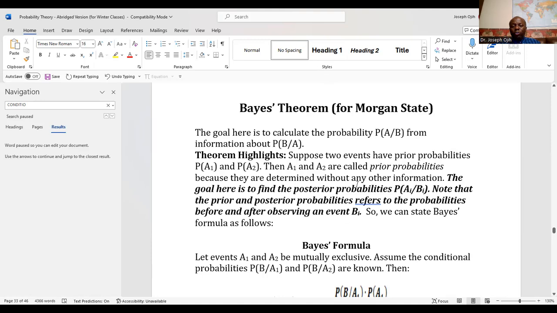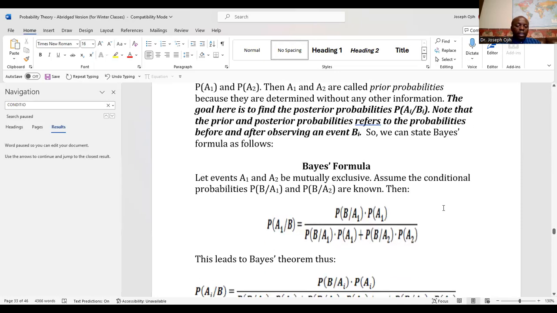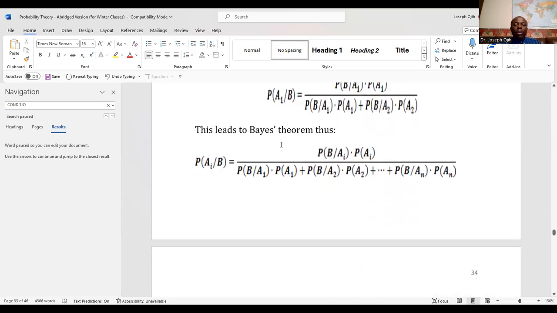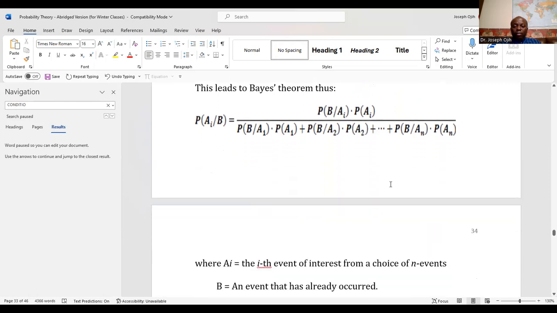Our goal here is to find the posterior probabilities, P(Ai given B). Prior and posterior just mean the probabilities before and after observing the event. Anyway, the formula might look like a monster, but as we use it in 2 examples, it will be clear.